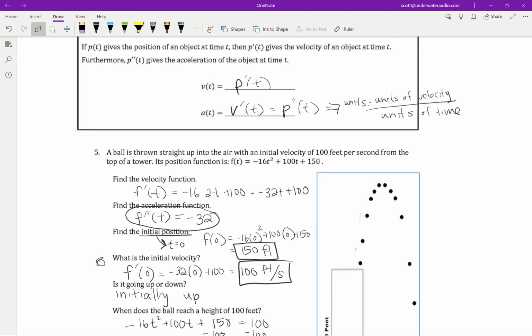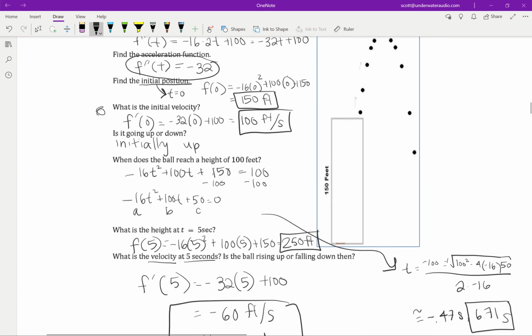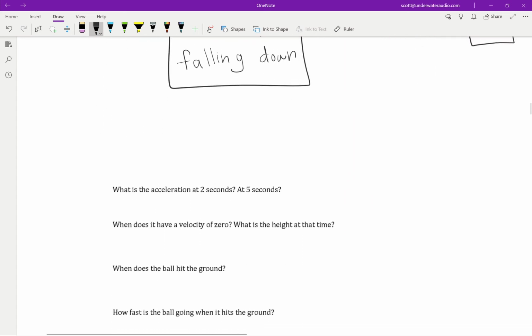Acceleration is units of velocity divided by units of time. So it doesn't matter what time, it's always negative 32 feet a second, that's units of velocity, over seconds, which another way to say is negative 32 feet per second squared because of fractions.